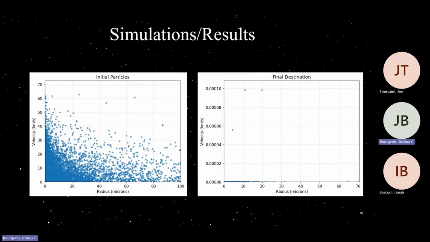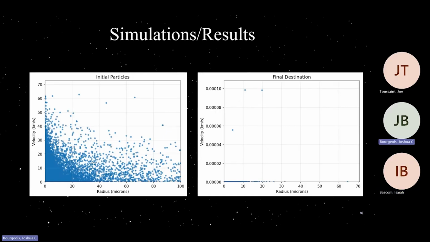So here is the initial particles and the final destination. As you can see, they all land on this bottom part of the graph, and even the ones that are not right on the origin or on the x-axis are extremely close to it.